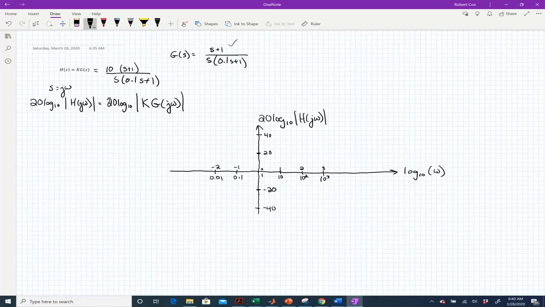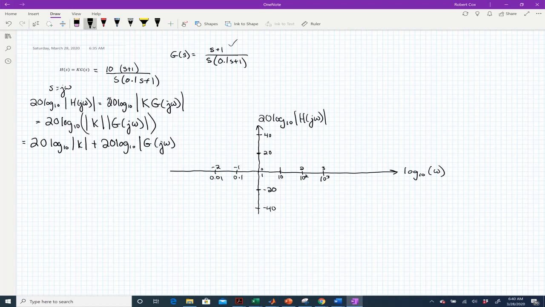Because I am taking the magnitude of a product, I can write this as 20 log 10 of K times the magnitude of G(j omega). Now, the log of a product becomes the sum of the logs, so I have 20 log 10 of K plus 20 log 10 of the magnitude of G(j omega).